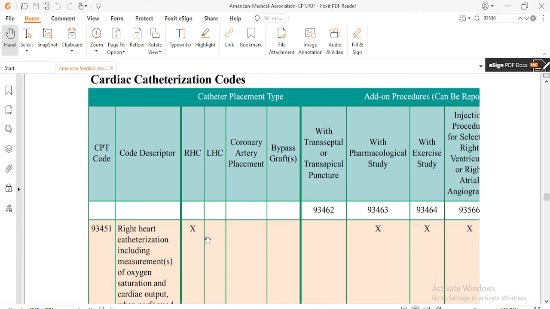In right heart catheterization, the physician performs only right heart catheterization, so we can code 93451, and along with it we can code add-on procedures: pharmacological study, exercise study, and injection procedure for selective right heart ventricular, right atrial angiogram. Along with 93451, we can code 93463, 93464, or 93566.